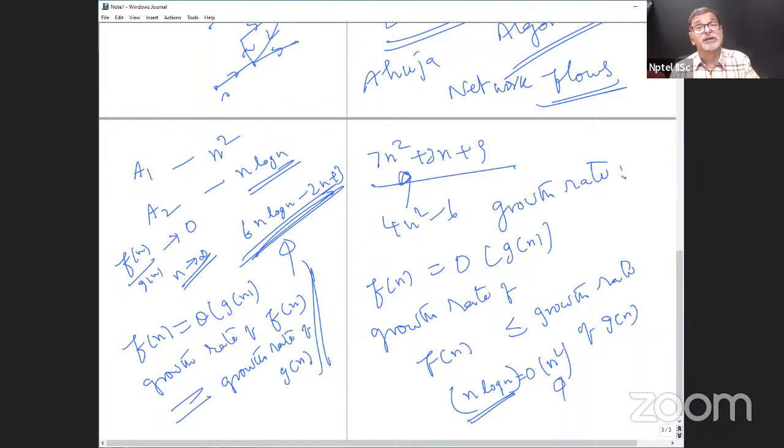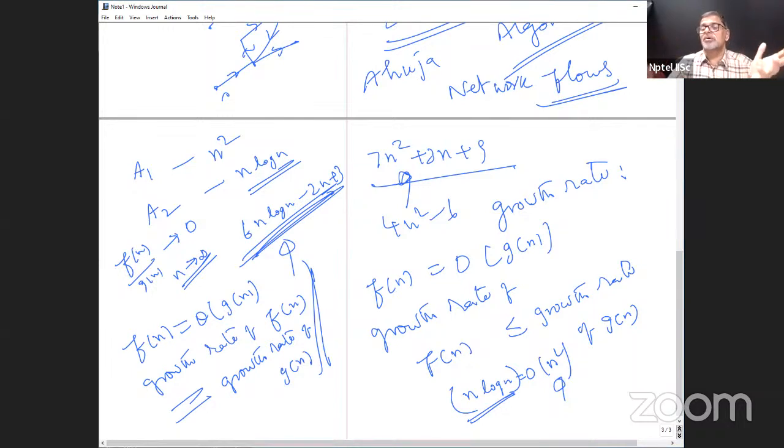The denominator is becoming larger more rapidly than the numerator. The numerator is also becoming larger, but slowly. The denominator is becoming larger rapidly. So the ratio becomes smaller and smaller.